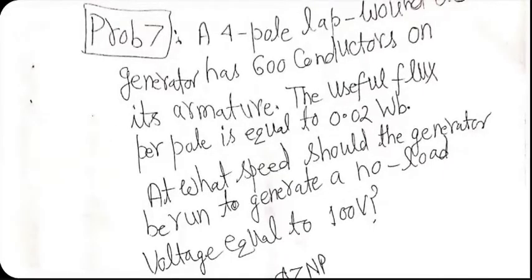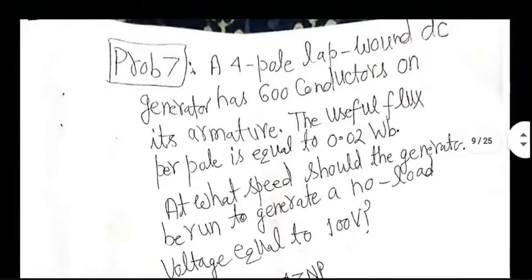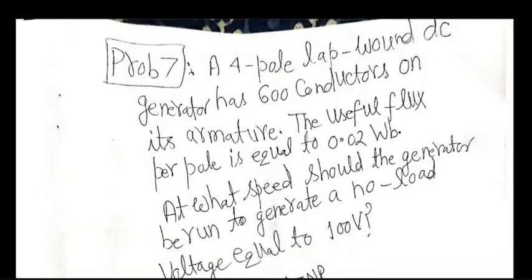A 4-pole lap-wound DC generator has 600 conductors on its armature. Fine. The useful flux per pole. Sometimes you will see the word useful flux per pole, not flux per pole. What it signifies is that not the entire flux produced by the poles is coupled to the armature.